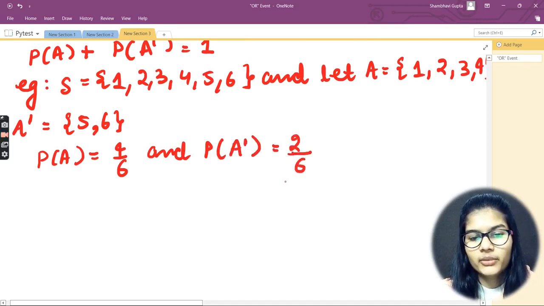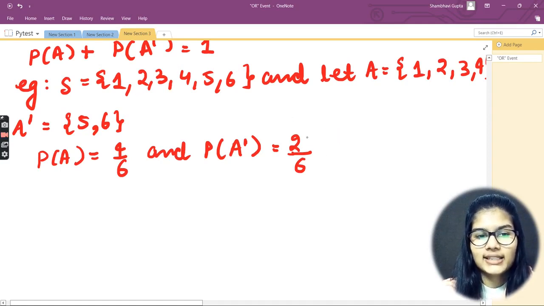How come 2 by 6? Because in A prime we have only 2 numbers, but my sample space has in total 6 numbers.